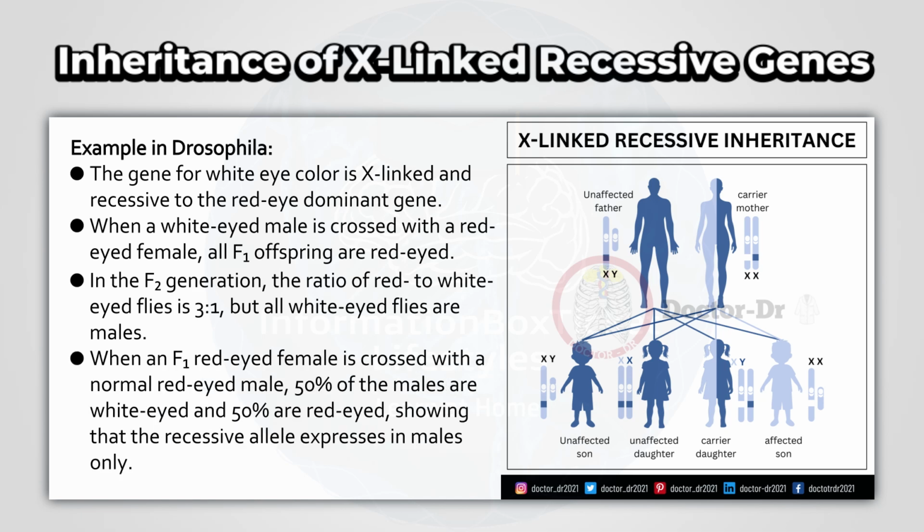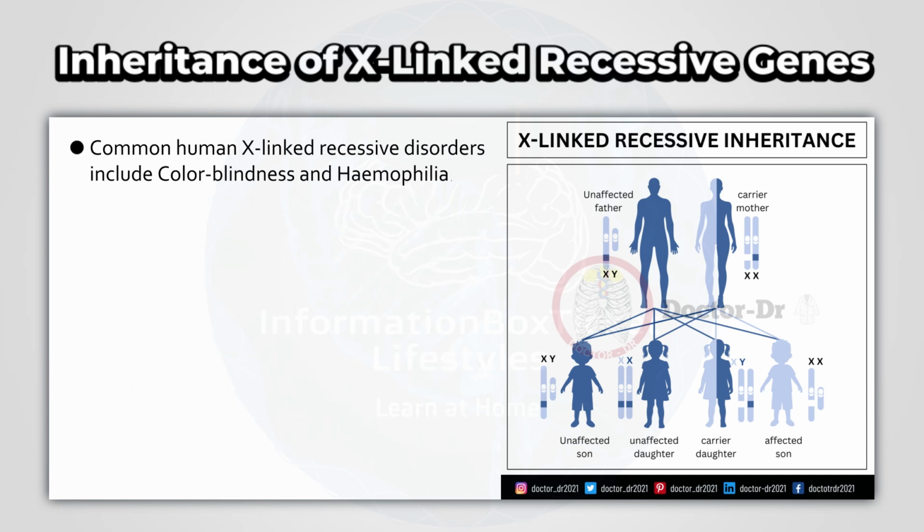When an F1 red-eyed female is crossed with a normal red-eyed male, 50% of the males are white-eyed and 50% are red-eyed, showing that the recessive allele expresses in males only. Common human X-linked recessive disorders include color-blindness and hemophilia, both of which are more prevalent in males.